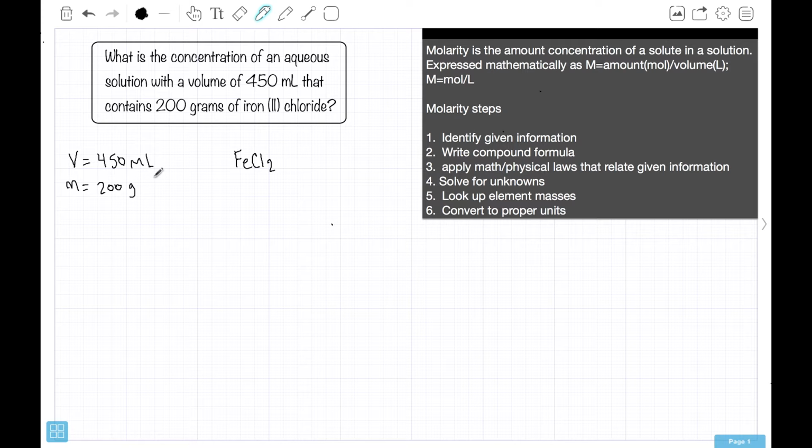Now that we see the other givens, you should be almost certain that you're dealing with molarity. And the formula for molarity is M equals the amount of moles over the volume in liters. So molarity is what we're looking for in this problem.